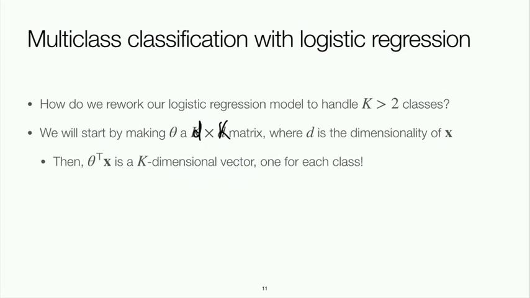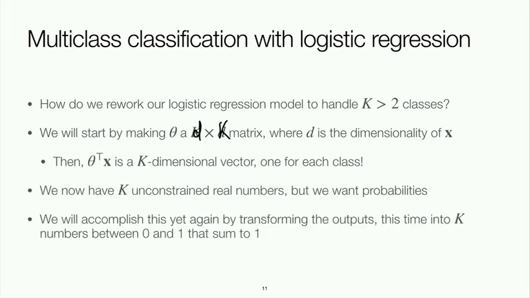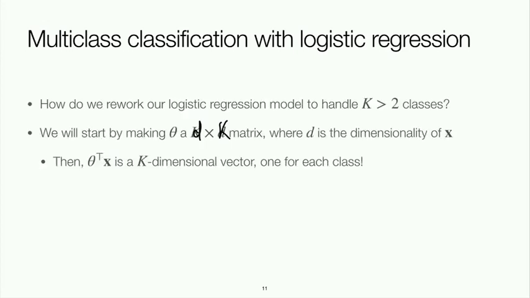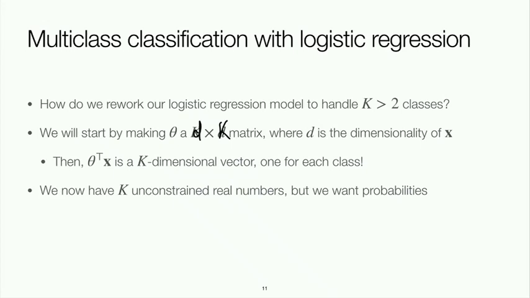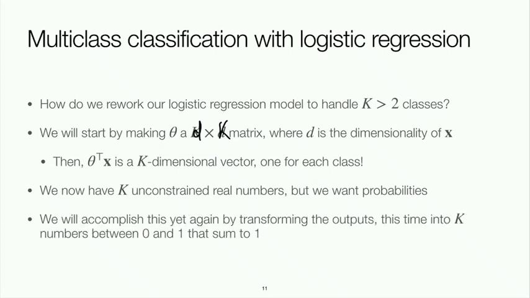So what do we have? We now have k unconstrained real numbers. But what we want are probabilities. We want the probability of this data point x belonging to each class. So what we're going to do is transform our outputs yet again, this time into k numbers, all of which are between 0 and 1, and all of which together sum to 1.